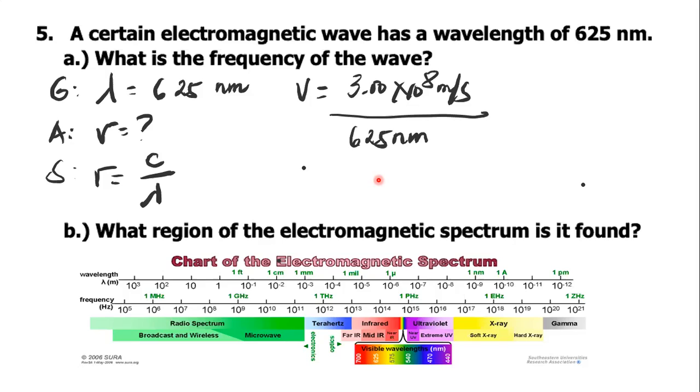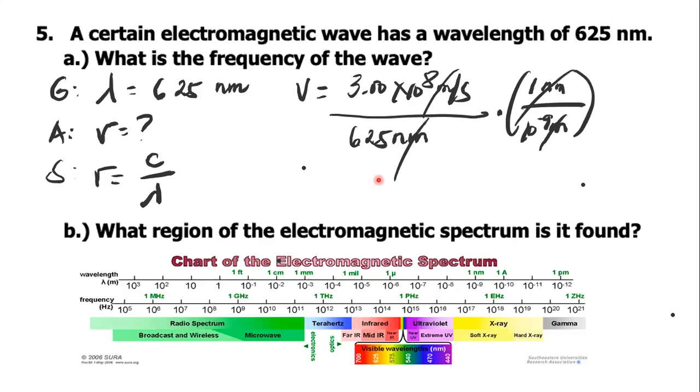Again, we need to convert this nanometer to meter so that you can cancel the unwanted units. We have 1 nanometer divided by 10 to the negative 9 meters. We cancel meter to meter, nanometer to nanometer.